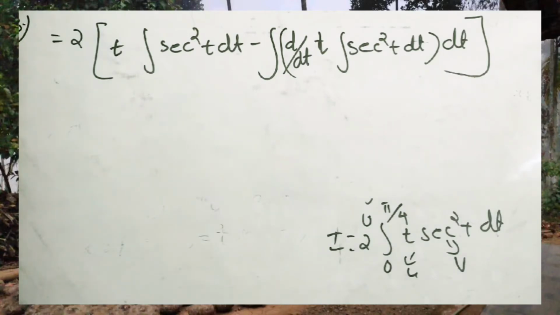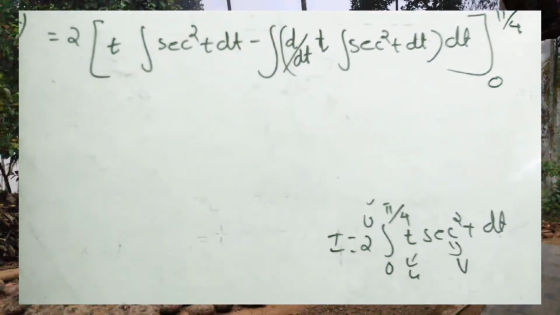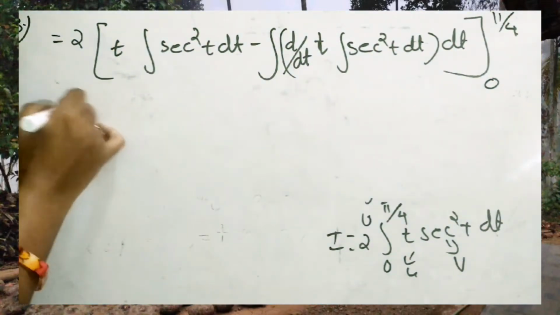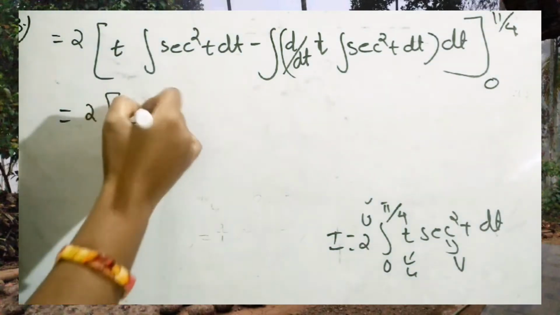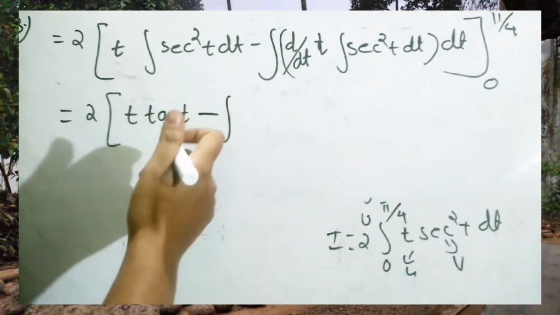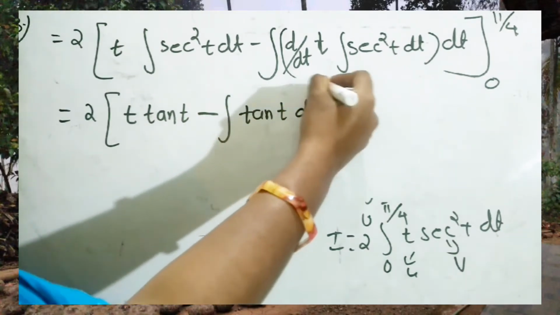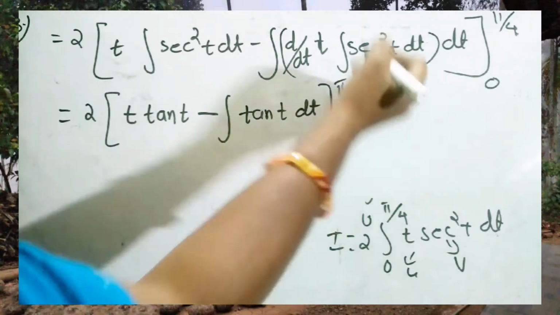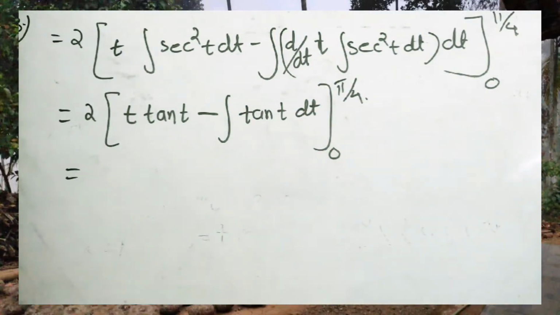After all the integration only we will substitute t equal to 0 and t equal to pi by 4. Now this is equal to 2 into t into integral sec square t, that we know, that is tan t, minus integral d by dt of t, that is 1, and the integral of sec square t, that is tan t, dt from 0 to pi by 4. The values we will substitute after all the integrations.